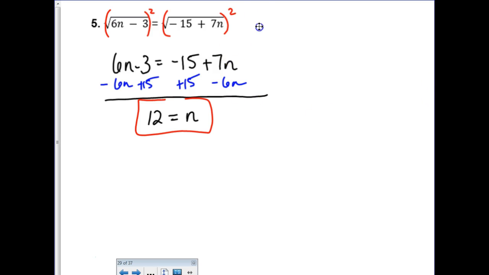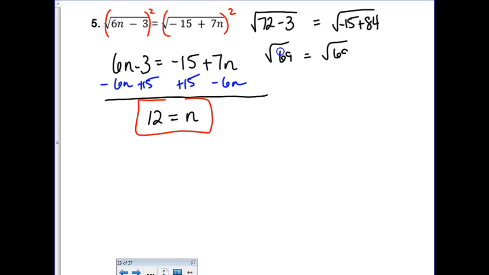So go back to your original problem and plug in a 12. We're going to have to see if these equal each other, and it works out. So 6 times 12 is 72 minus 3. Does that equal negative 15 plus 84? Yes, because that's square root of 69, and that's square root of 69, and those totally equal each other. Check.